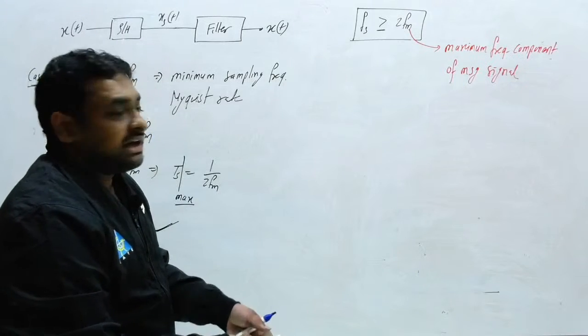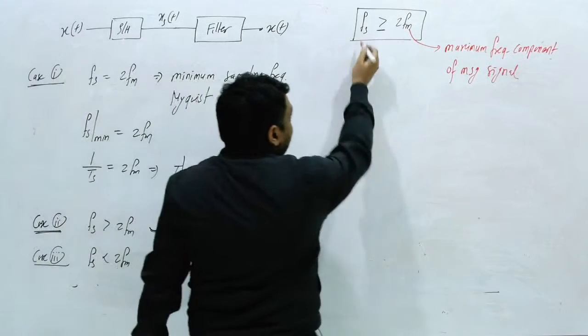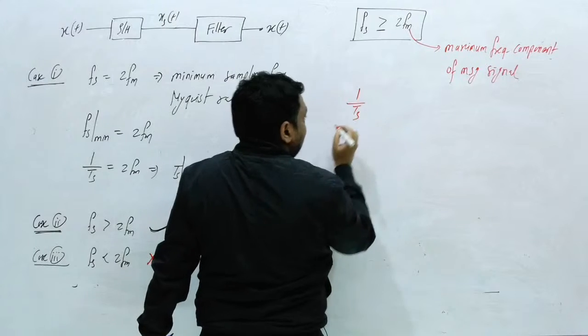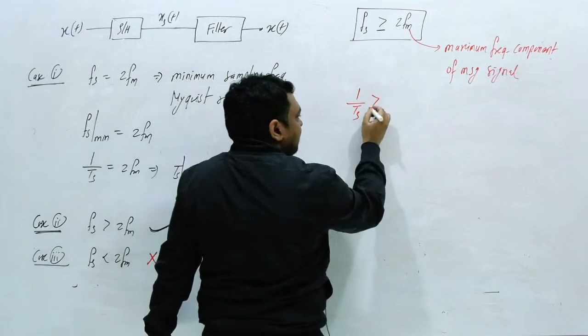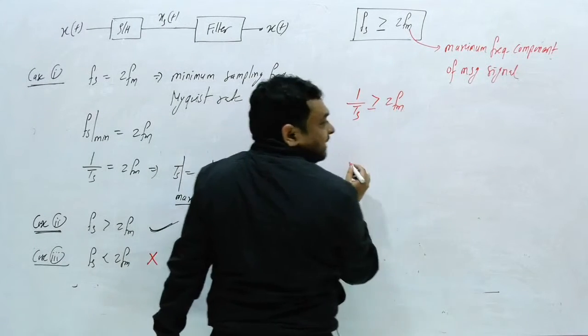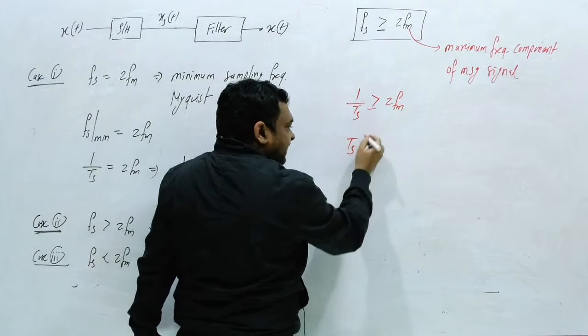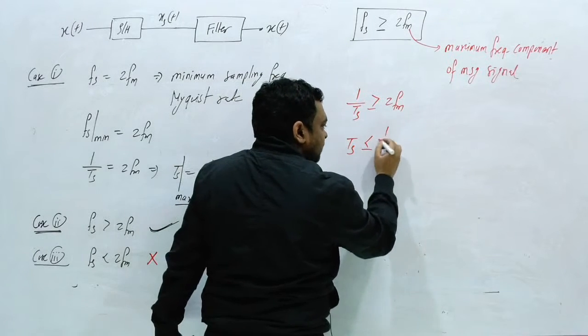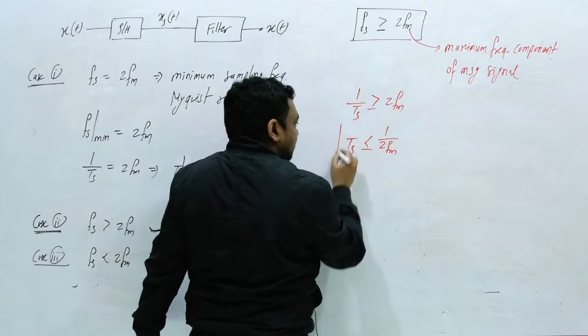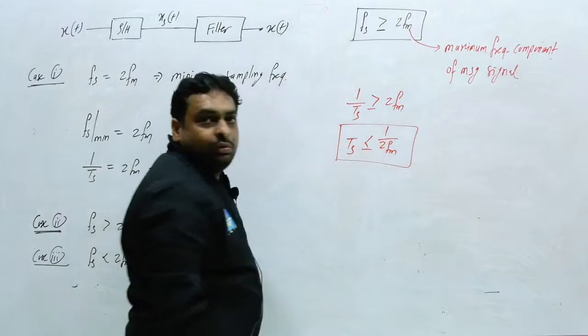This is the actual Nyquist criteria. If you want to write this in terms of Ts, can I write 1 upon Ts greater than or equal to twice of fm? You can also write Ts should be less than or equal to 1 upon twice of fm.